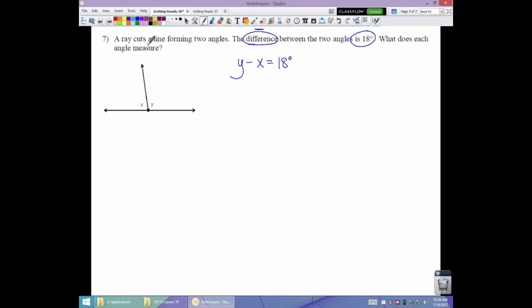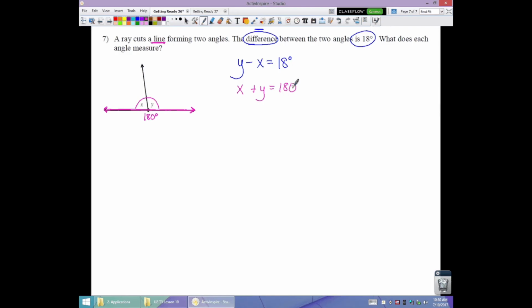Well, not really. We were told that that ray is cutting a line, that this was a line, not just close to a line, it is straight. So that means the measurement in degrees of a line is 180, so that when I put x and y together, this entire angle is 180 degrees. So the other equation will be x plus y equals 180.